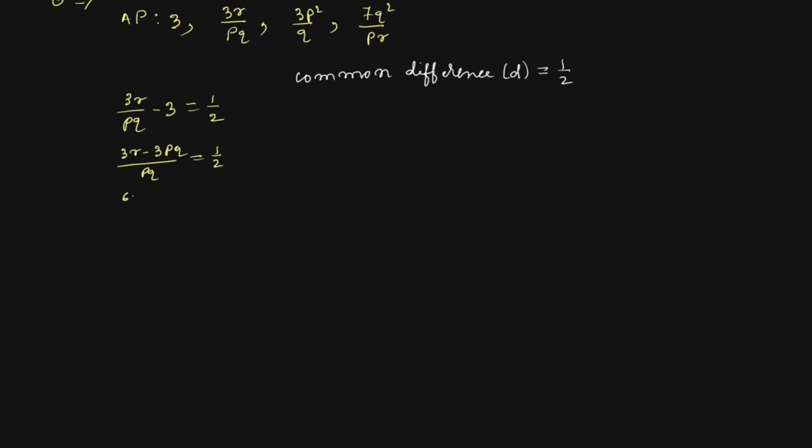Then 6r minus 6pq equal to pq. So 6r, which is equal to pq plus 6pq. Therefore, r equal to 7pq by 6. Therefore, r is equal to 7pq by 6.